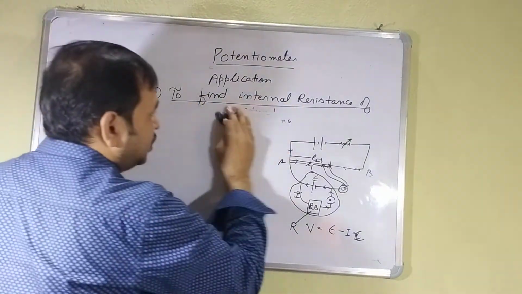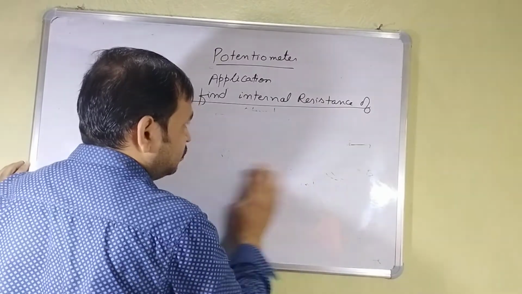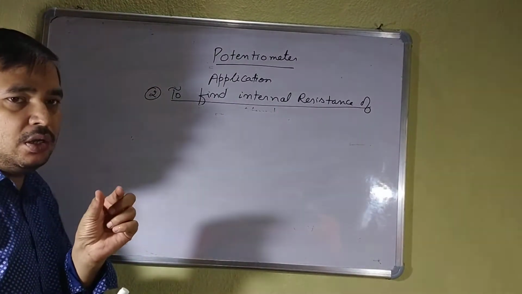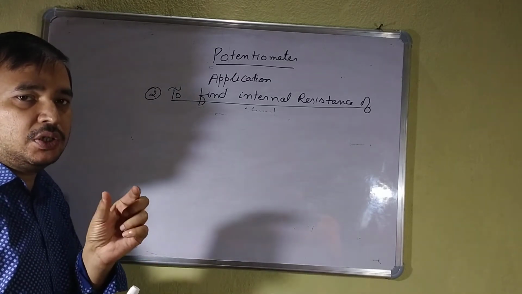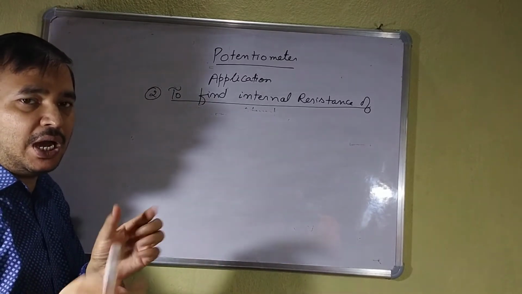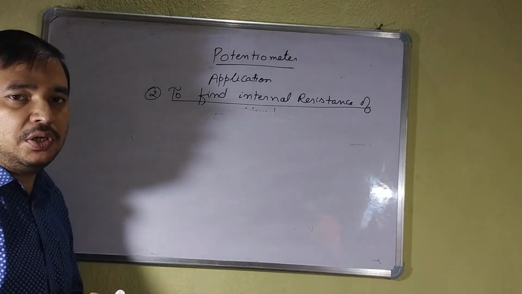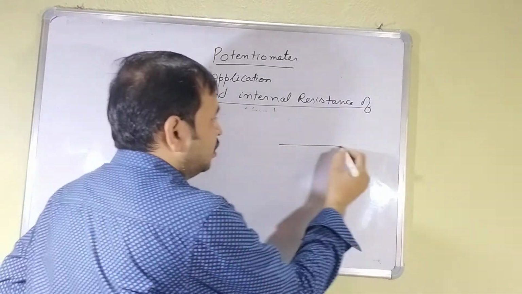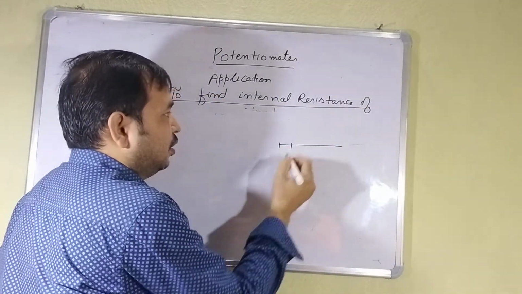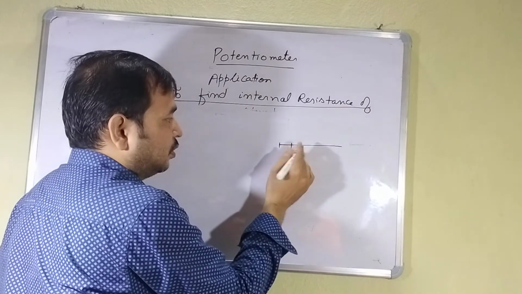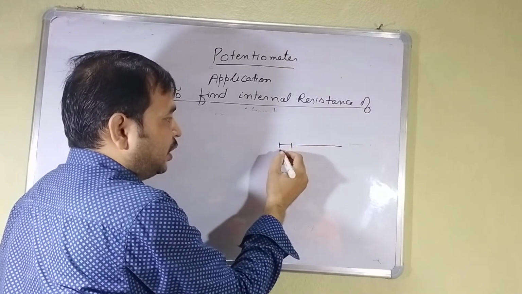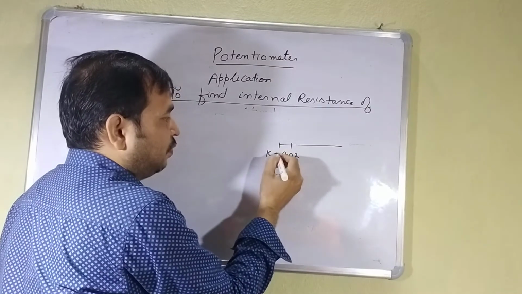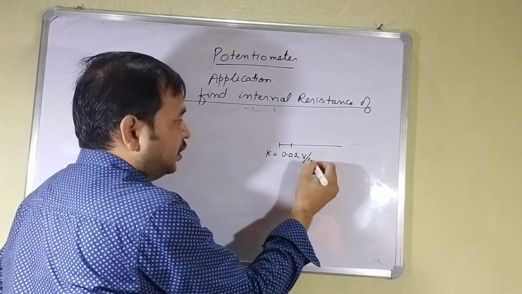Now one more thing, sensitivity of potentiometer. Sensitivity of potentiometer means that for a small change in current or small change in potential difference, there is a large variation in deflection of the galvanometer. Suppose I am telling that in unit length, this potentiometer can measure 0.02 value of K volt per centimeter.